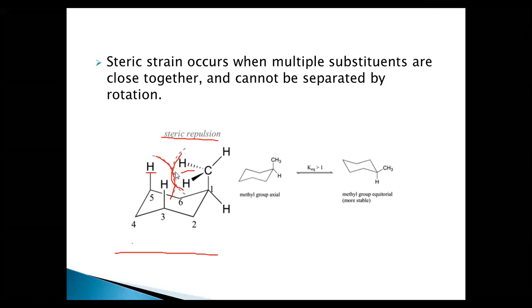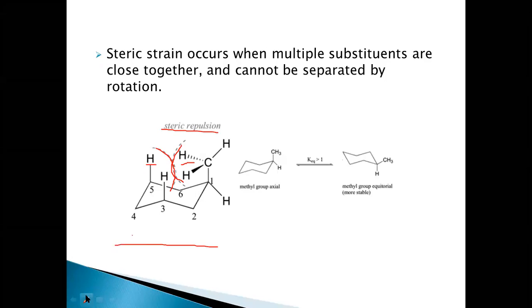So this van der Waals radius is nothing but the radius around the atom less than which it will suffer from repulsion. So if these two hydrogen atoms are brought closer than this van der Waals radii, then they will suffer from repulsion.